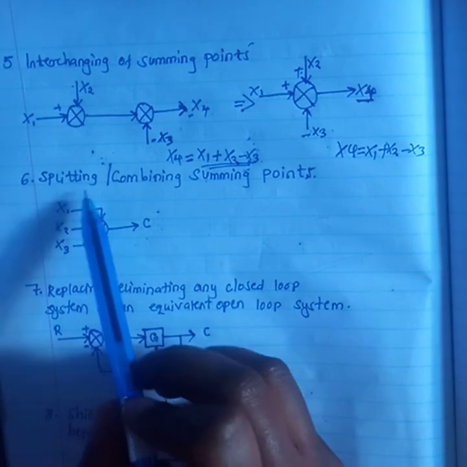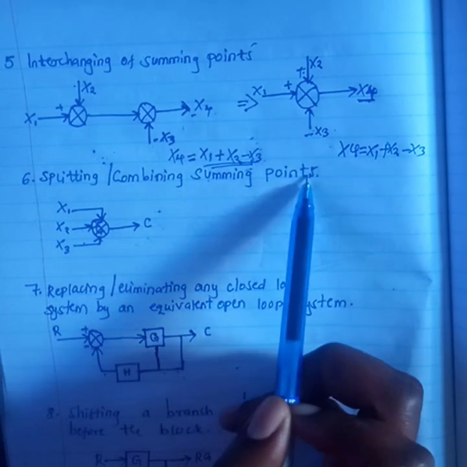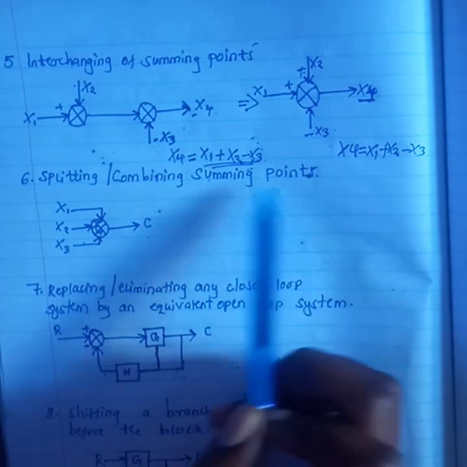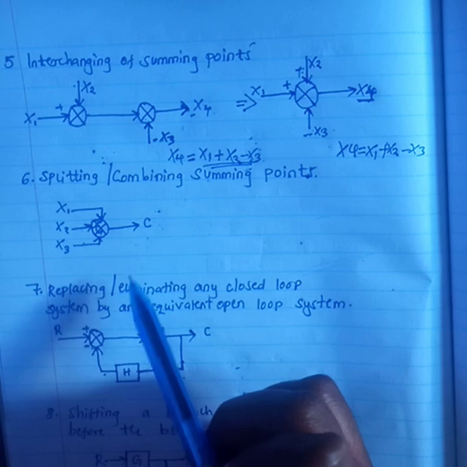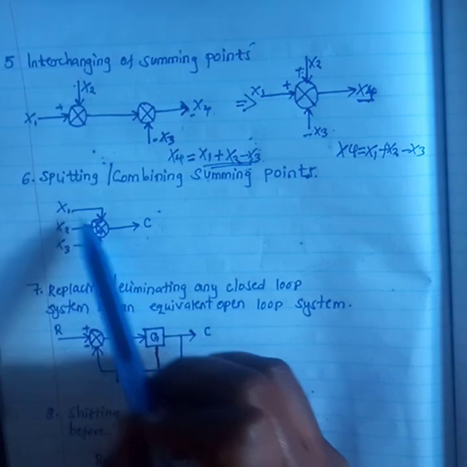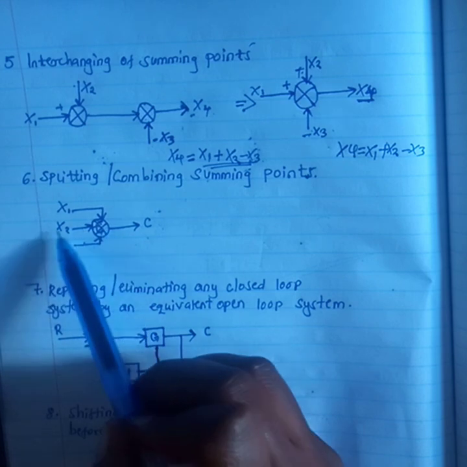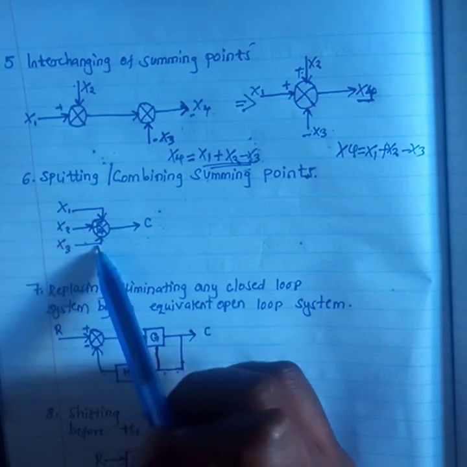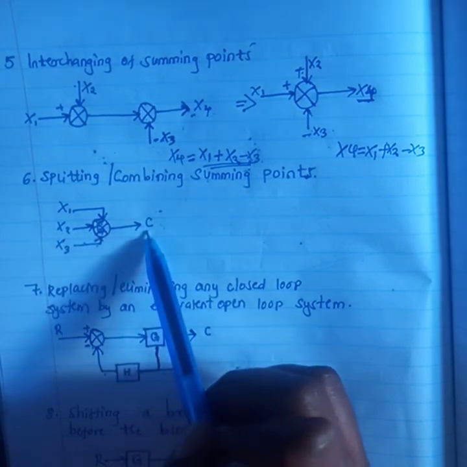We can split or combine summing points. We can split summing points. So in this case, I'm given a summing point like this. It has x1, that is minus x1. It has x2, and it has x3. Then we have the output.